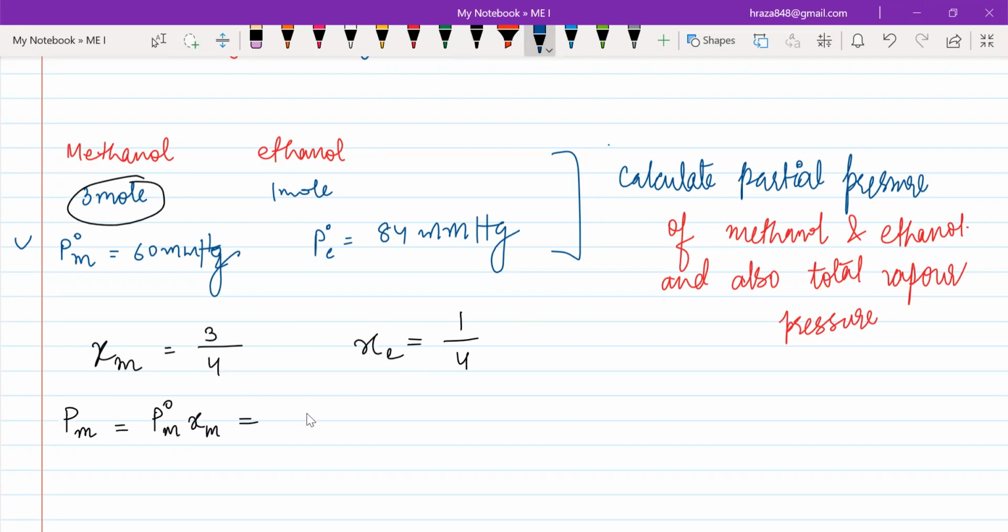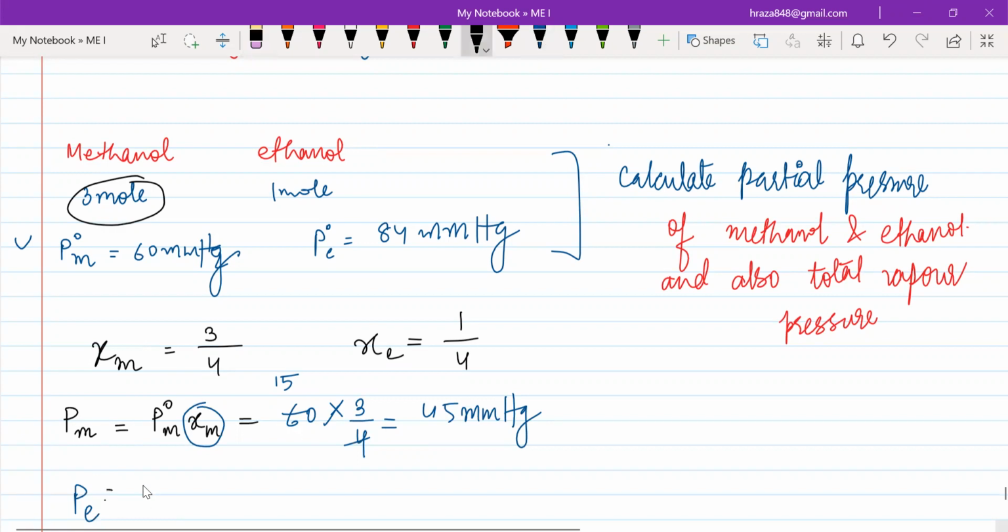What is the pure pressure of methanol? 60 into 3 by 4, so it will be 15 into 3, that is 45 mmHg.